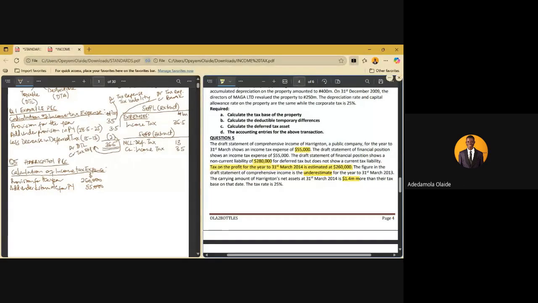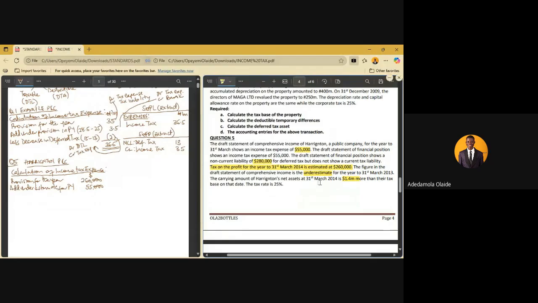When I was explaining deferred tax liability or deferred tax asset, or deferred tax generally, we say it's the difference between the carrying amount of a transaction and the tax base. For the purpose of this, they've told us that the carrying amount is 1.4 million more than their tax base. That means carrying amount is more than tax base. If carrying amount is more than tax base, it will result in a deferred tax liability.